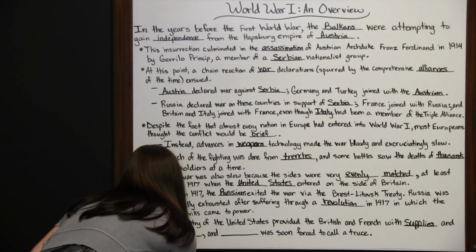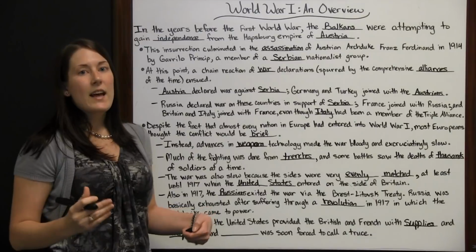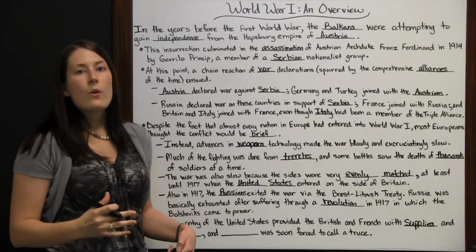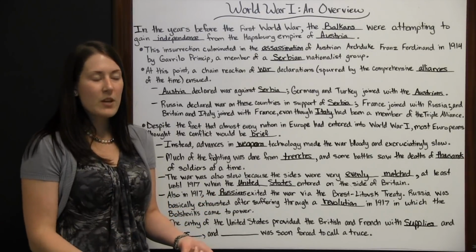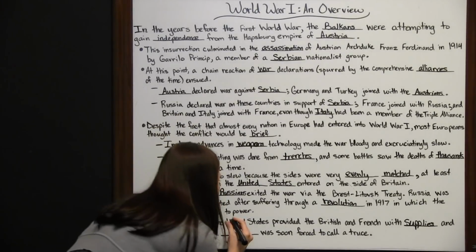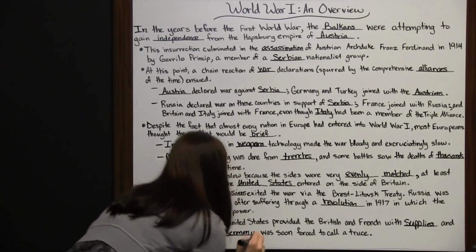And troops. They sent over troops as well. So where thousands had died, now the Serbian side was getting more troops, where the Austrian side didn't have any new troops coming forward. And Germany was soon forced to call a truce.